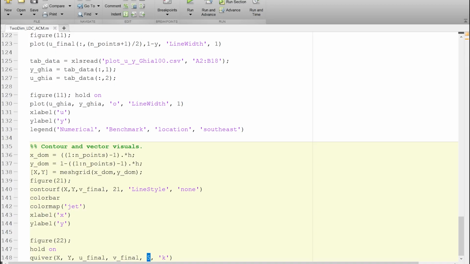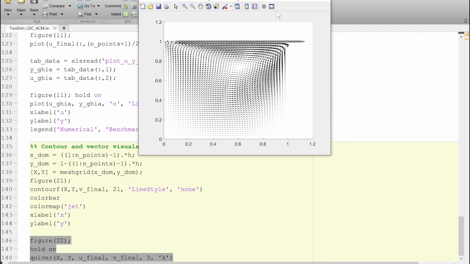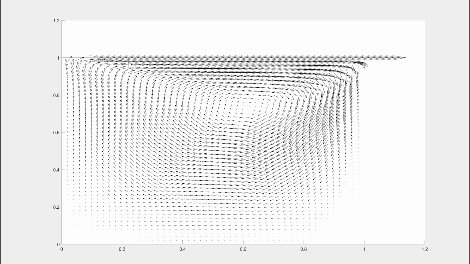And finally, the last variable here, called k, just says that those vectors would be plotted in the black color, which is represented by k in MATLAB. So if I select it and evaluate the selection, you can see that corresponding to every grid point, we have plotted these velocity vectors.